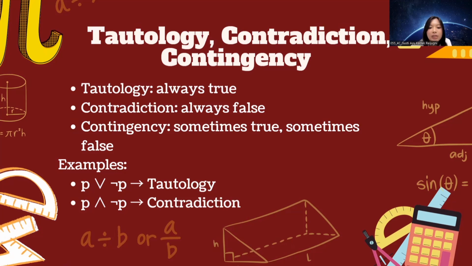P and not P. This statement can never be true. A contingency is a statement that is sometimes true and sometimes false. It depends on the truth values of the statements.